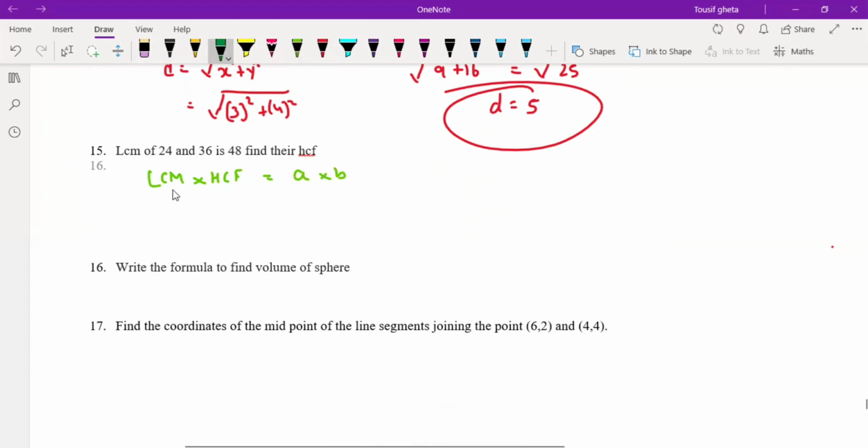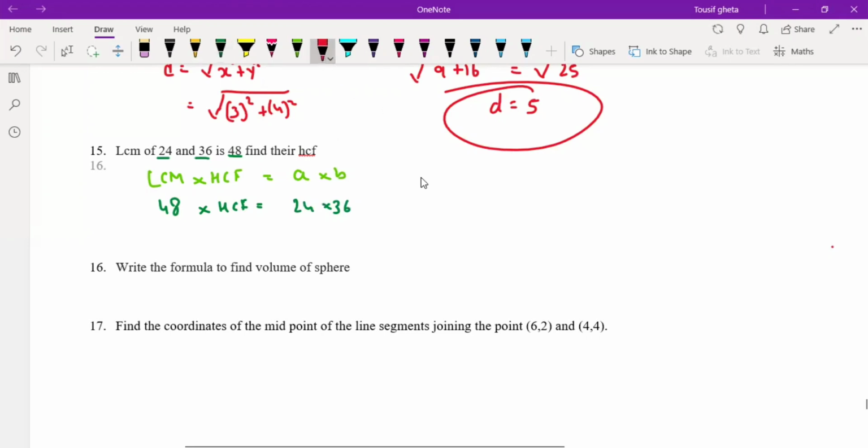LCM we know, HCF we don't know. A value we got, that is 24, and B is 36. The LCM of 24 and 36 is 48. So 48 we substitute in the place of LCM. A value is 24, B value is 36.